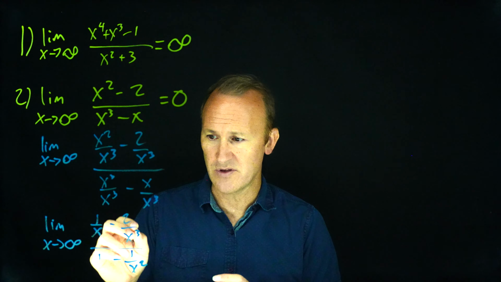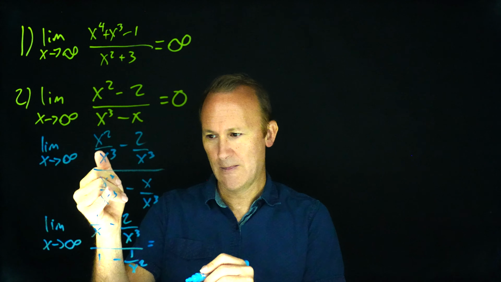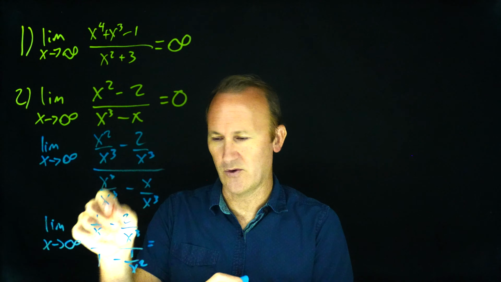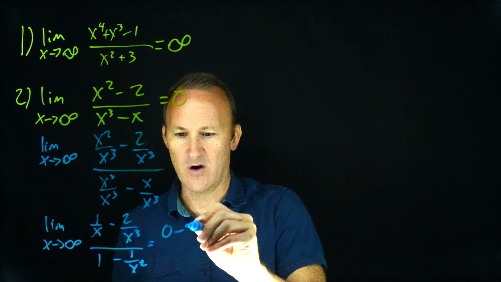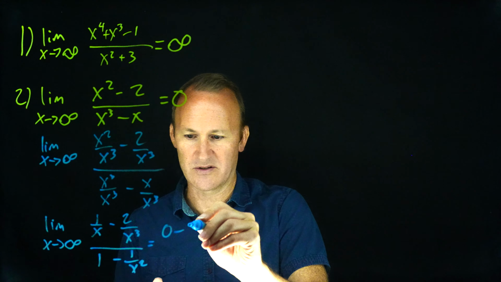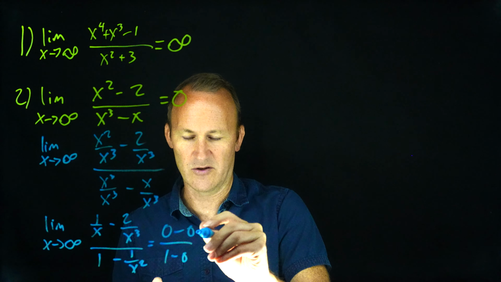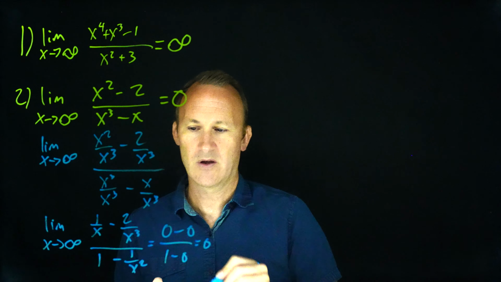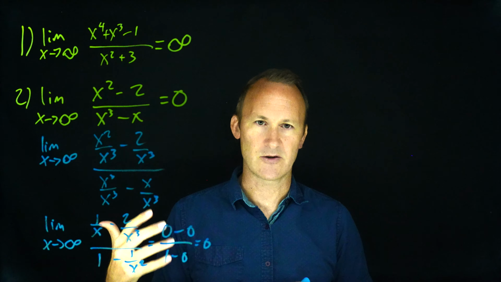Now when you do that, what happens? We already did this one: 1 over x, limit as x goes to infinity, is 0. Likewise, 2 over infinity goes to 0. This is just 1, and this clearly equals 0. So this is some justification of the limit going to 0.